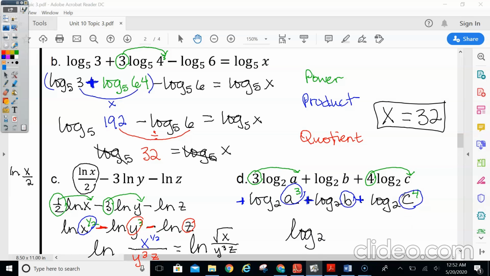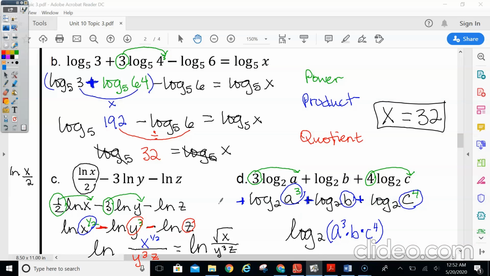Since there's no subtracting, there's no dividing, there's actually going to be nothing in the denominator. So we don't need a fraction this time. We just say a cubed times b times c to the 4th. If there was a minus, then we would have divided by whatever the subtracting log was.